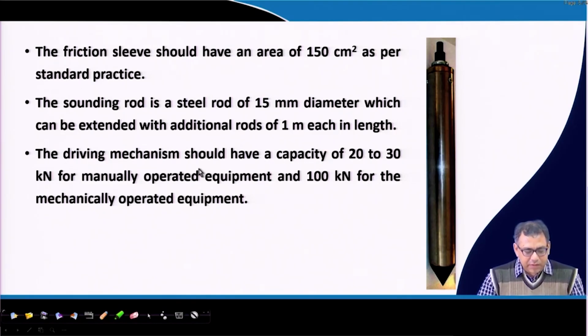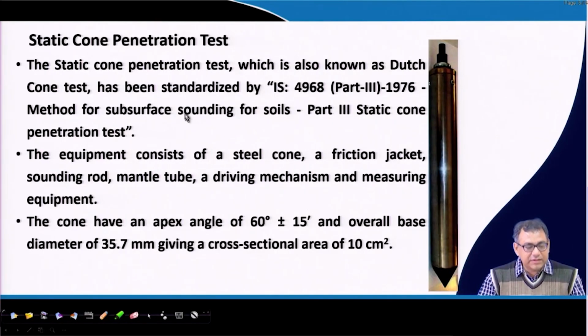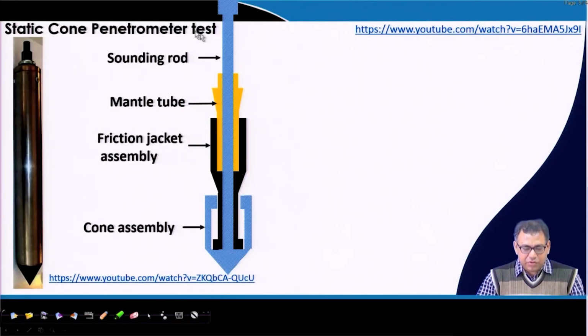The driving mechanism should have a capacity of 20 to 30 kilonewton for manually operated equipment and 100 kilonewton for mechanically operated equipment. So, this is the static cone penetration test. Here we are not applying any blows. The driving equipment will push it into the soil. Now, I will show you by this animation how these things work.